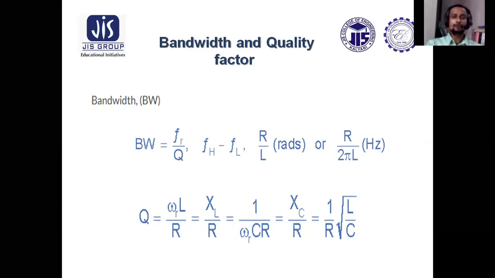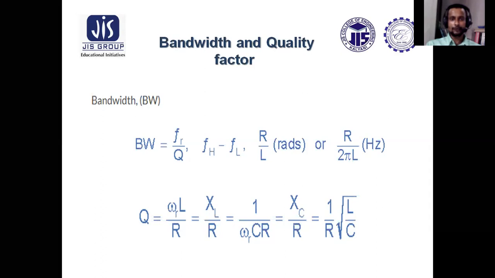As of now, today I am ending here. Let me first summarize what we discussed. We discussed different graphical representations, how XL, XC, Z, phase angle and I all vary with frequency. We also discussed the interpretation from the graph.